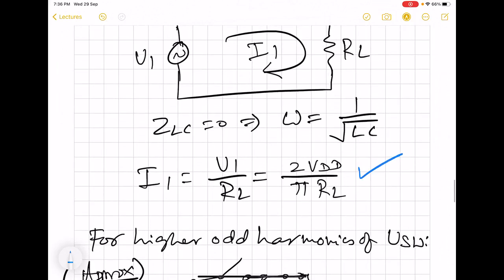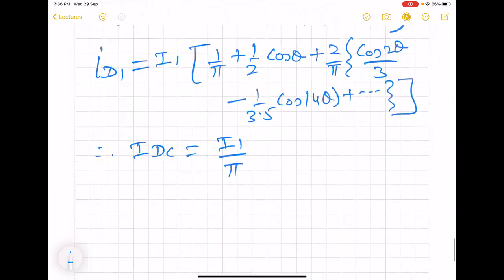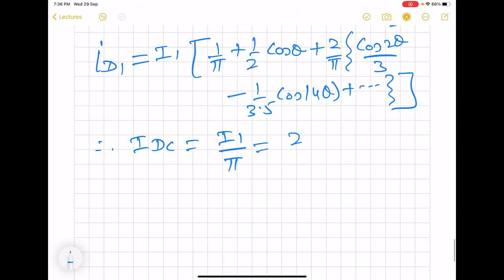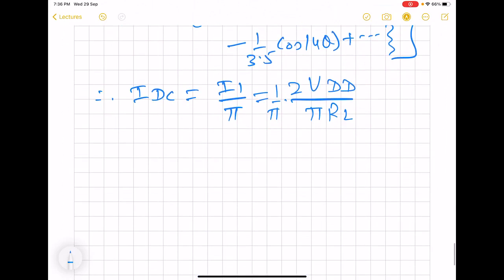And I1 we have already calculated, let us say in equation 1. So it is 2 VDD by pi RL into 1 by pi. So this is IDC, equation 2. Now we can calculate PL.